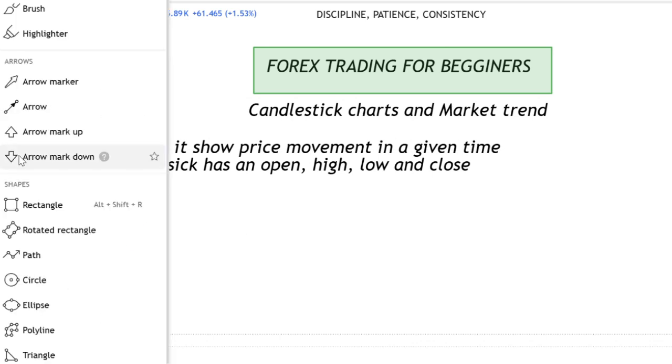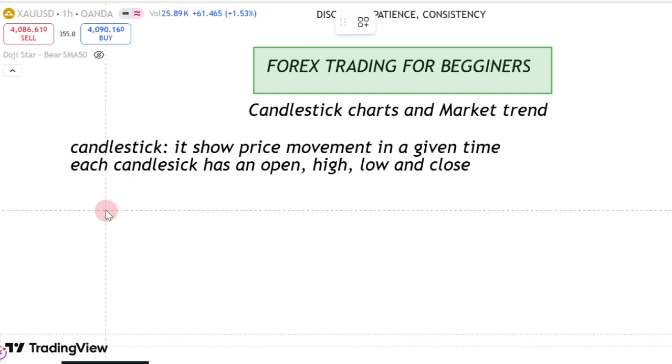Okay, so let's take the green one as a buy. Let me do the stick for it.